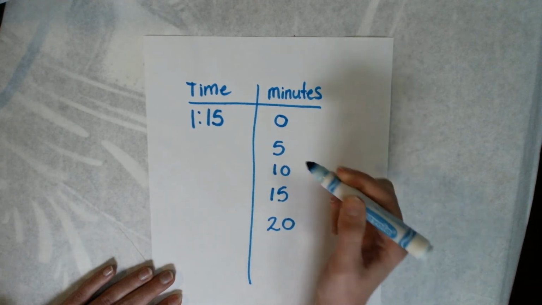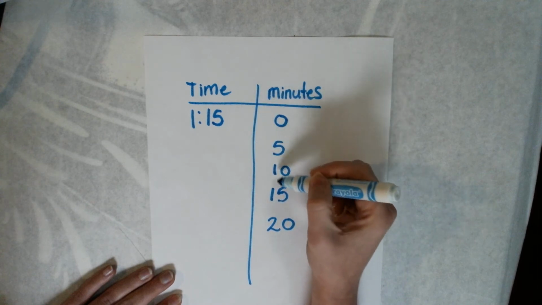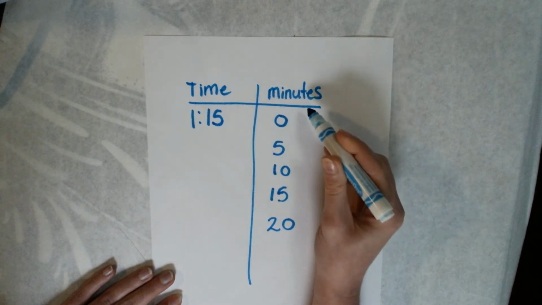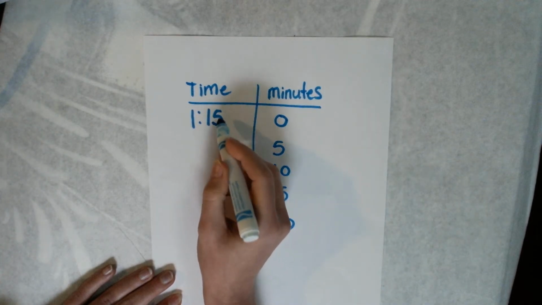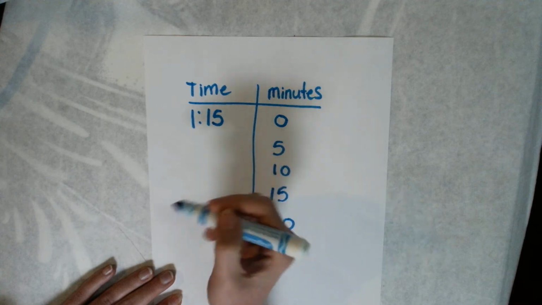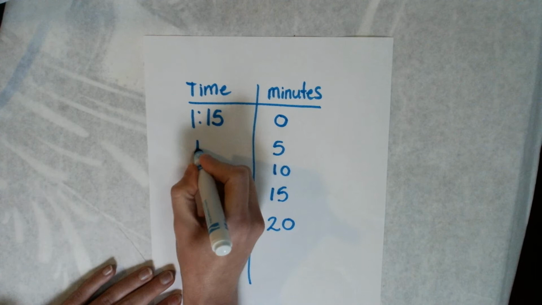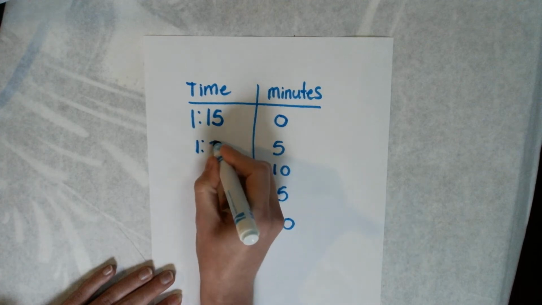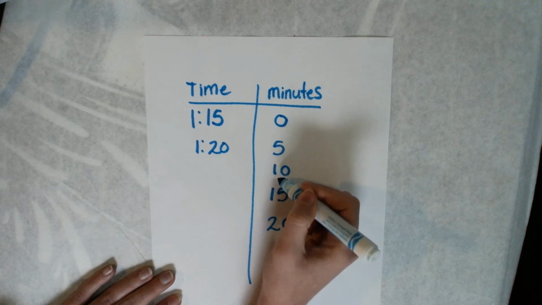20. And now I'm going to add 5 minutes to the time for each time I counted up by a group of 5 in my minutes. The hour is going to stay the same unless we get to 60 in our minutes, and then it rolls up to the next hour. So 1:15, 5 more minutes, it's 1:20. And then I'm going to jump for the next 5 more minutes.